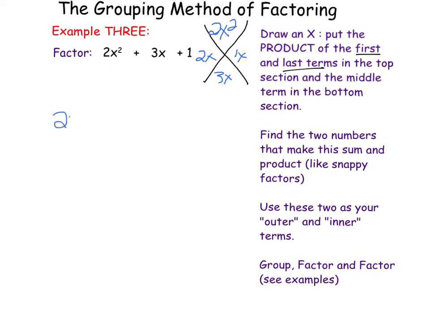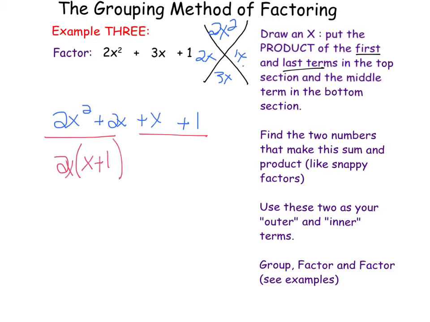So I have 2x squared and my 1 down here, and I'm going to split up my middle term to 2x and x. Then I'm going to group. I can factor out a 2x in there as well, so x plus 1, plus, here they don't have anything in common, but we need another term here.